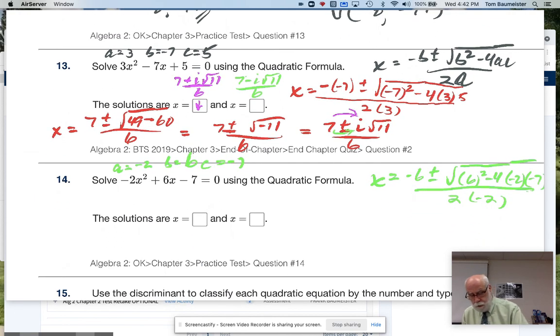Okay, so now if I do that, I'll get negative 6 plus or minus. Let's see. Underneath the radical, I end up with negative 20. And again, on the bottom there, I'll have negative 4. If you think about it, negative 20 or 20, because again, I'm going to put that i out there, correct?